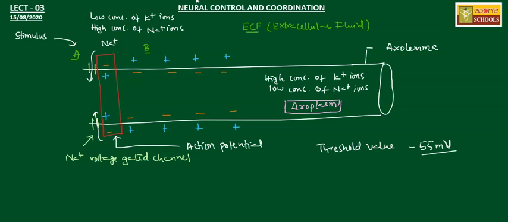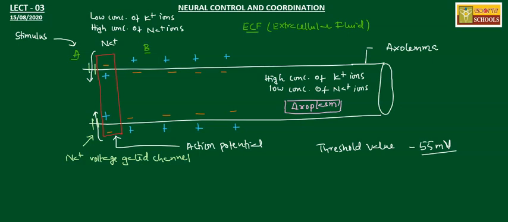So at this point we have negative charge outside and positive charge inside, and now the location ahead of this, site B, has the positive charge outside and negative charge inside.